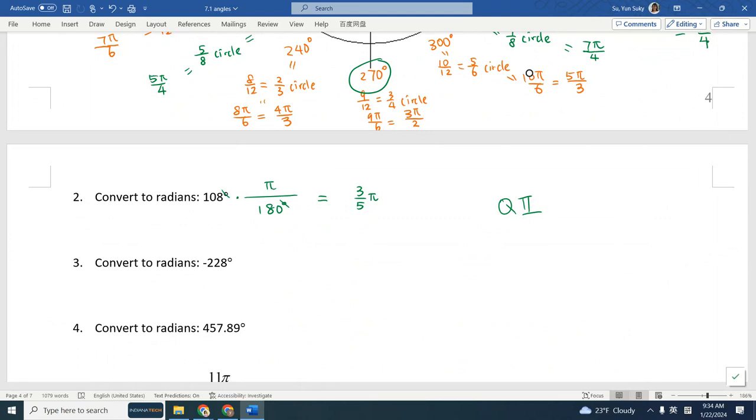You don't have to multiply by pi, because if you multiply by pi, you just get this. We don't want to get that. We want to get this. So when you do the calculation, don't worry about the pi.